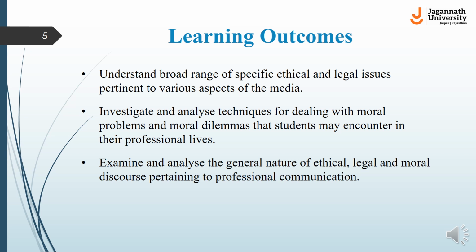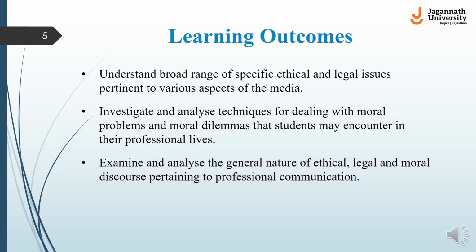Unit 5 will be related to various other laws like sedition, cyber laws, Working Journalist Act, Right to Information Act 2005 and Official Secrets Act. In Unit 6, basically these Units 4, 5 and 6, this group of three units, will be discussing a variety of laws. Around 16 laws we will study in this section.